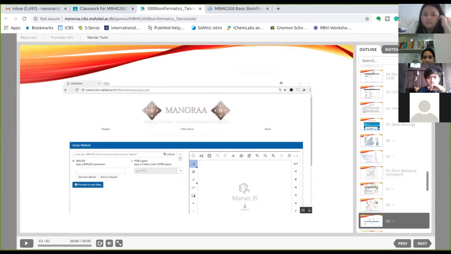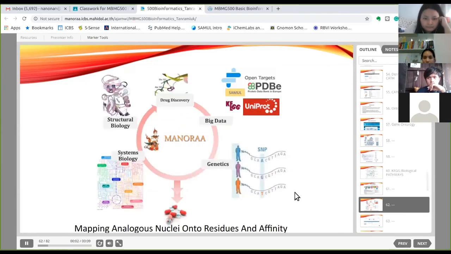So this one is my database. I created my own big data database called MONORA. MONORA stands for Mapping Analogous Nuclei onto Residues and Affinities.